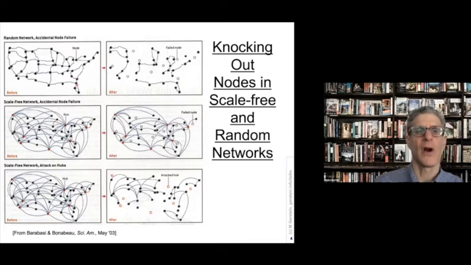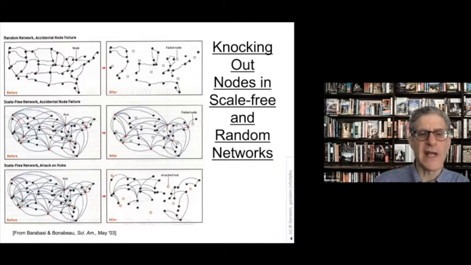Random attack means knocking out a node or knocking out a connection. If you take your random network and attack it and knock out pieces of it, it'll break apart pretty quickly. By break apart I mean, for instance, if this was a road network, you'll no longer be able to drive across the United States, because if you randomly attack this network, you'll have broken many of the connections you would need to make a path across the United States.